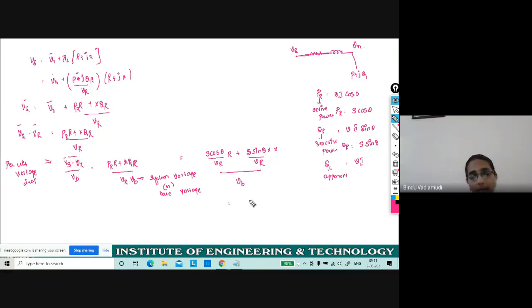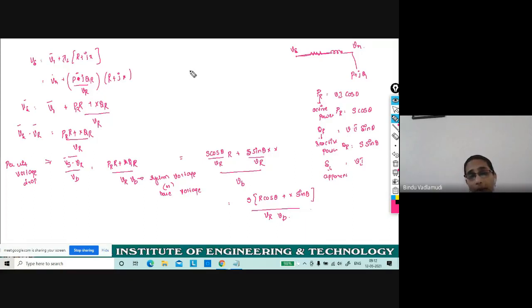From this, S is the common term, so we get S(R cos theta plus X sin theta) by VR into VB. The voltage drop is now expressed in terms of apparent power.